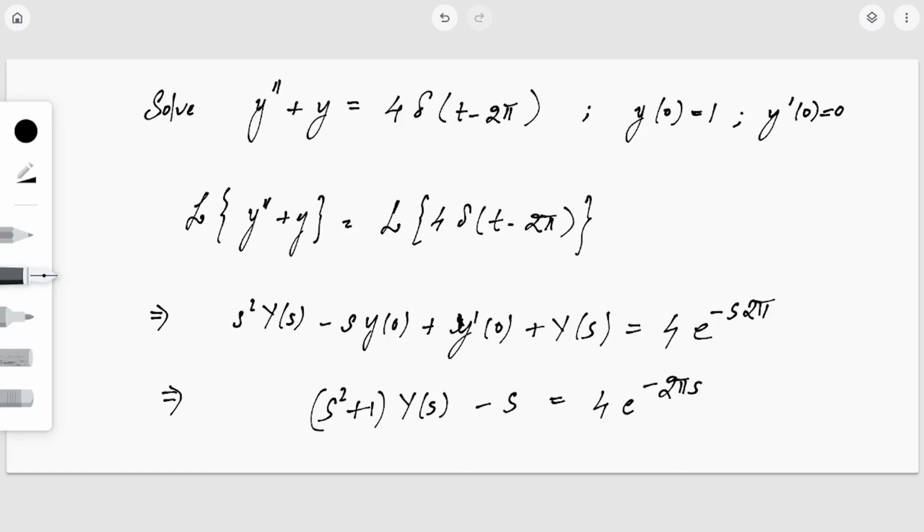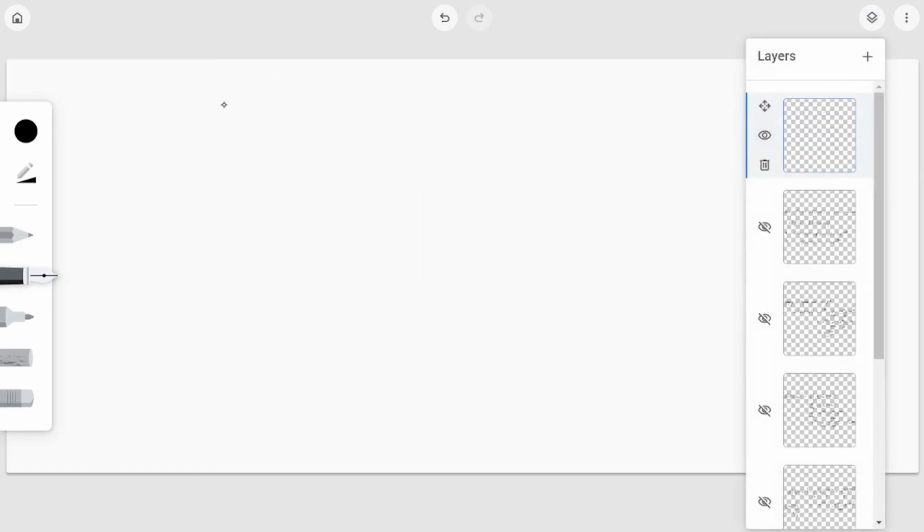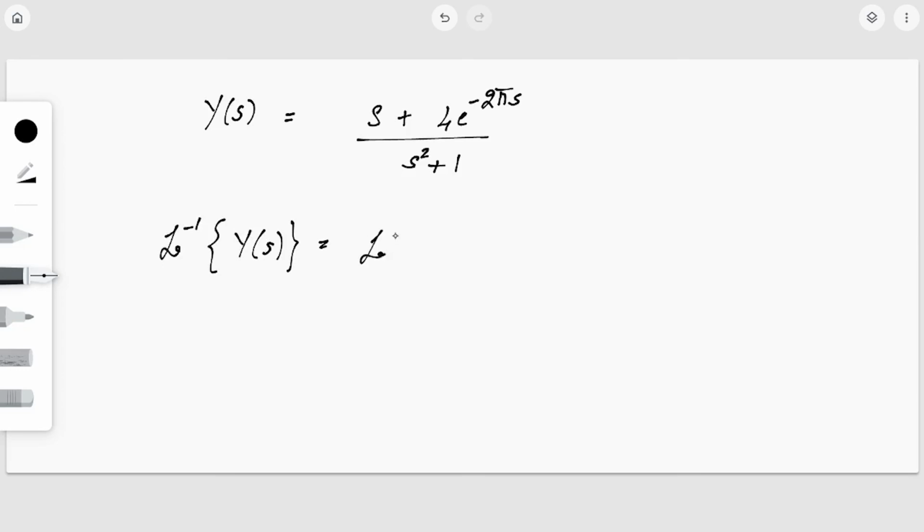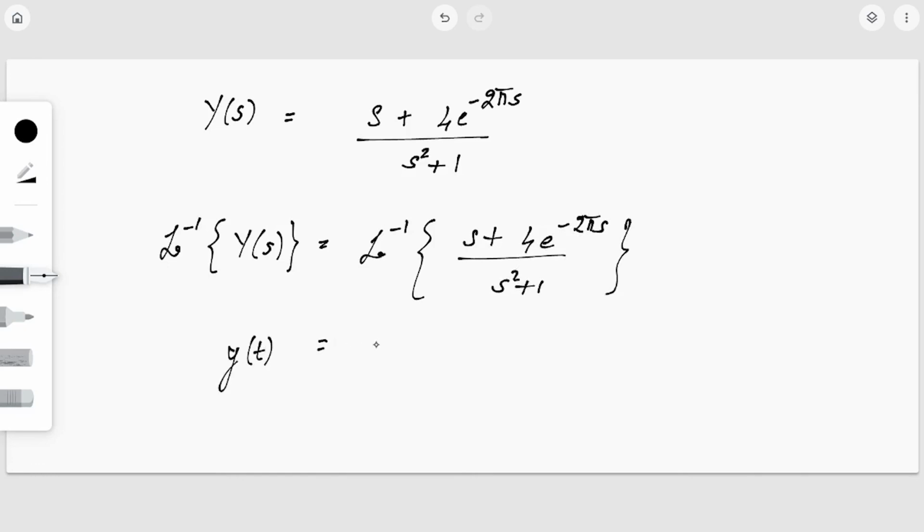Okay, so let's find the value of y of t. Y of s will be equal to s plus 4 into e raised to minus 2 pi s, whole divided by s square plus 1. So taking the inverse Laplace transform of s plus 4 e raised to minus 2 pi s by s square plus 1, this is y of t, and by linearity this is the inverse Laplace transform of s by s square plus 1 plus the inverse of 4 e raised to minus 2 pi s by s square plus 1.